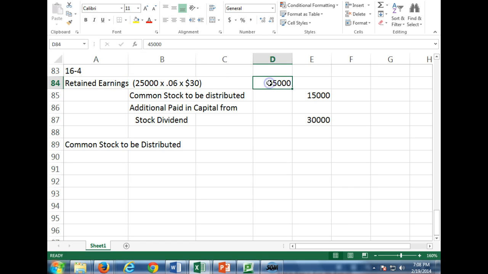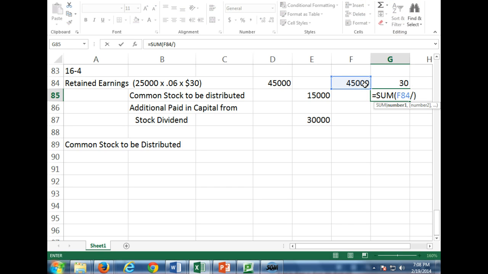So if we take $45,000 and we divide that by $30 a share, how many shares is that? 1,500 shares.